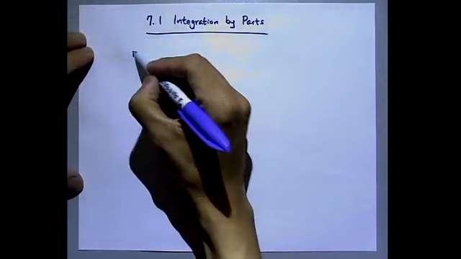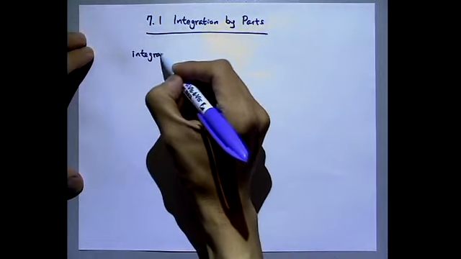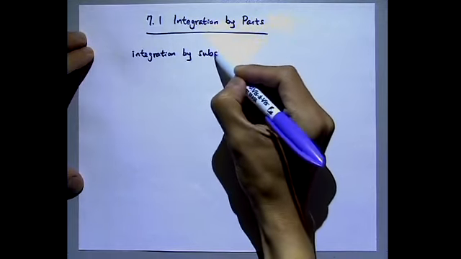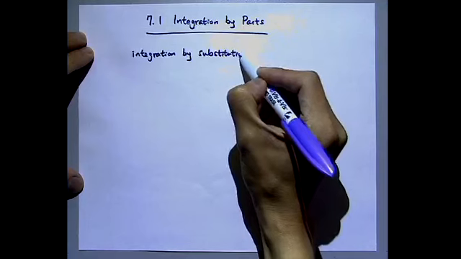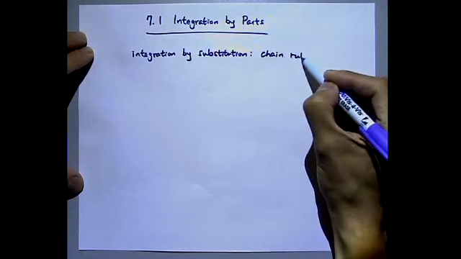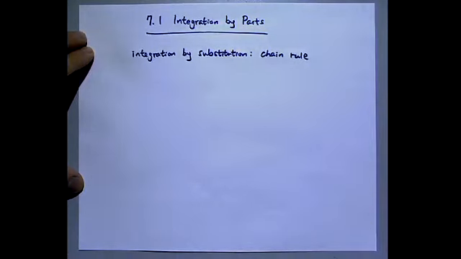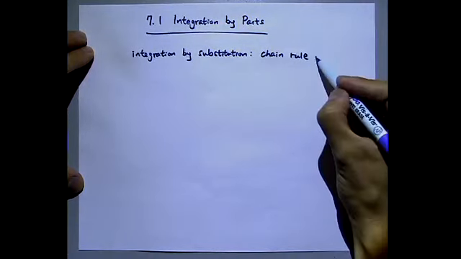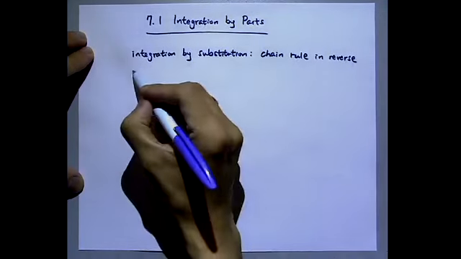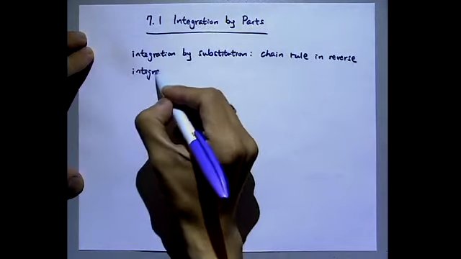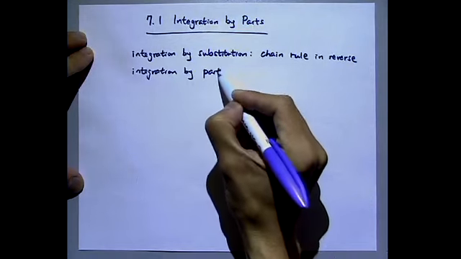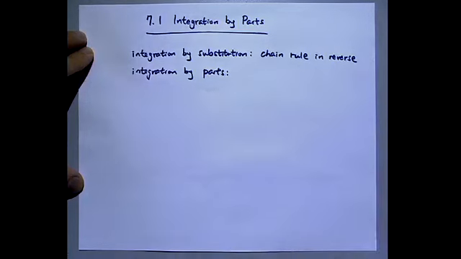For example, when we do integration by substitution, what actually goes on is this is reversing the chain rule. And integration by parts, this is the product rule in reverse.